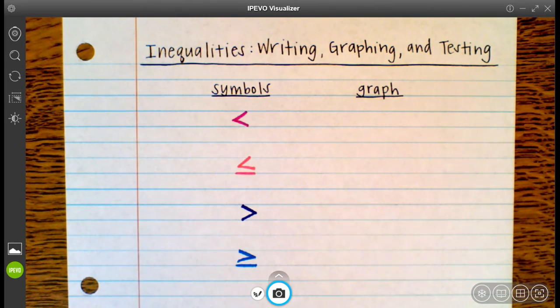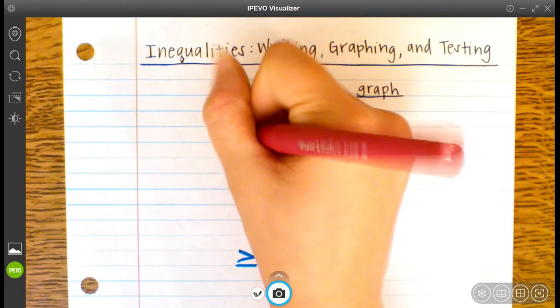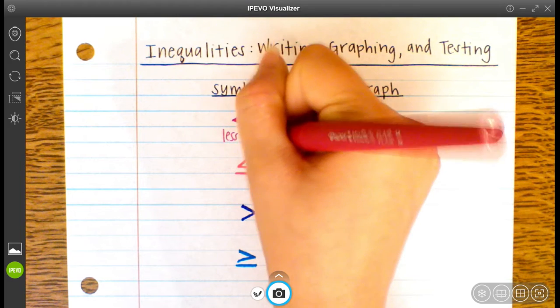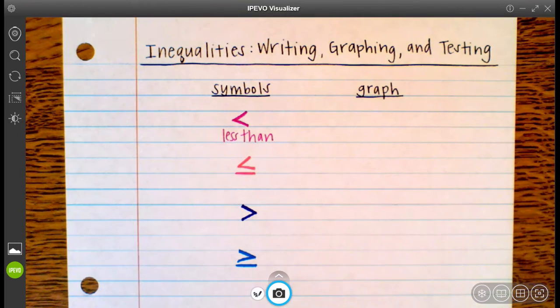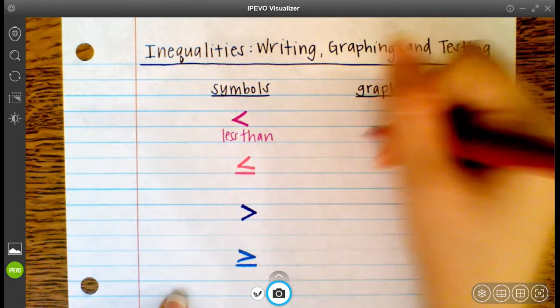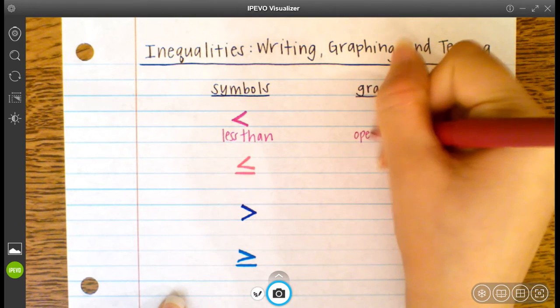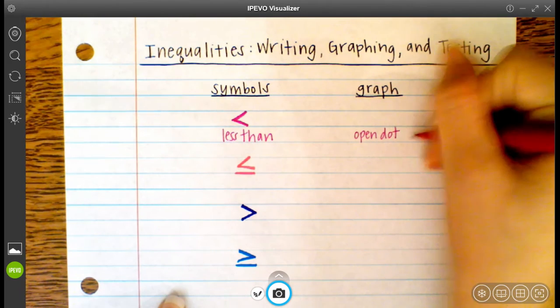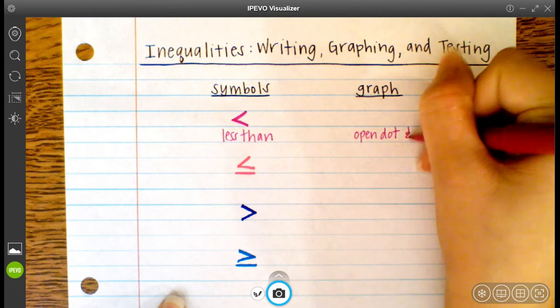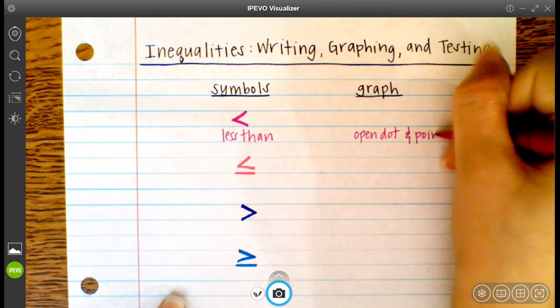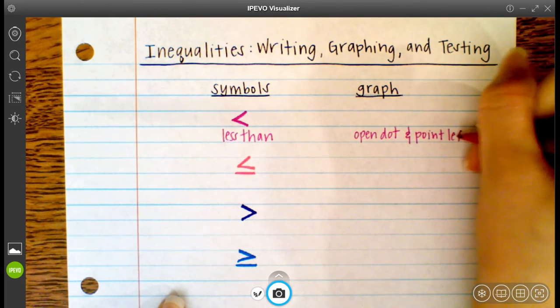The first symbol is pointing to the left, and we call this strictly less than. And when you have a strictly less than symbol, it means when you go to graph this, you are going to have an open dot, and you are going to point to the left.